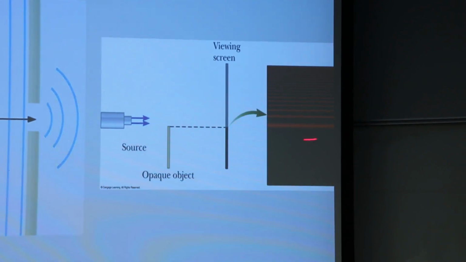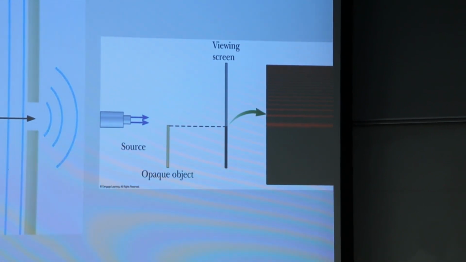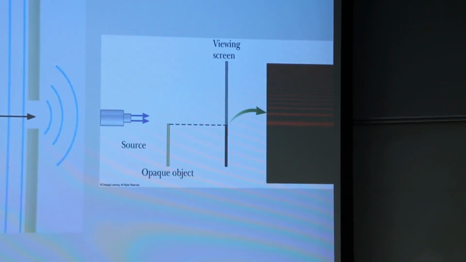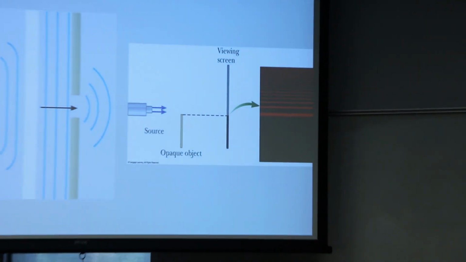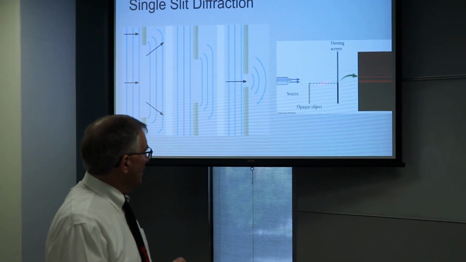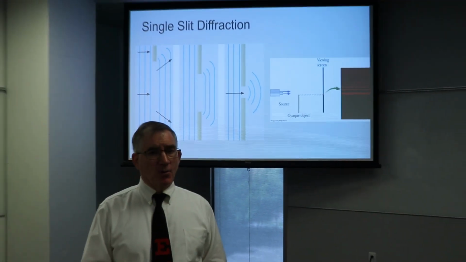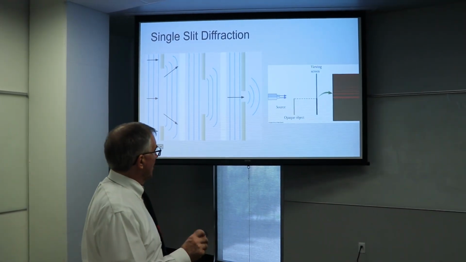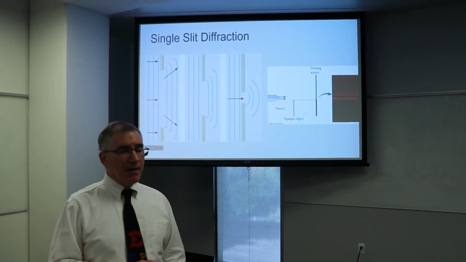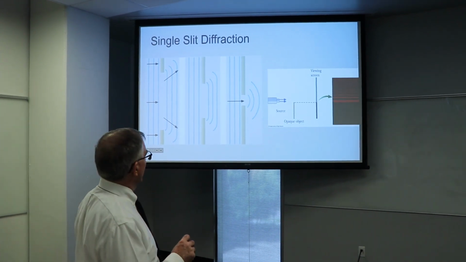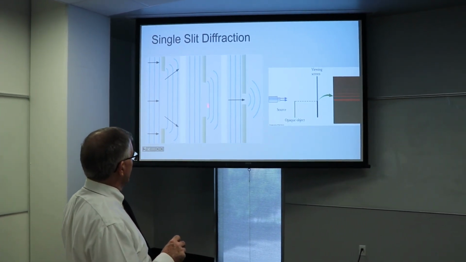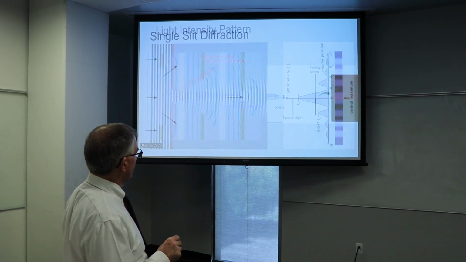It's just amazing the type of patterns that light makes when it goes through things or over things and bends around it and creates an interference pattern on the wall. All right, so we're not going to be looking at this more complicated case. We're going to be looking at light going through a single slit, like this one right here.